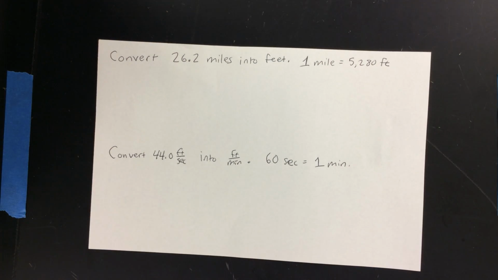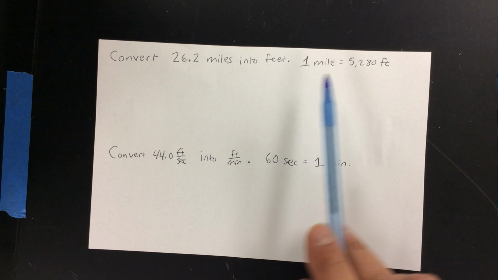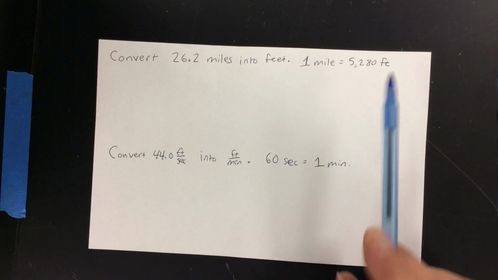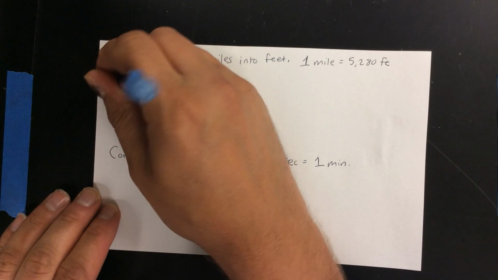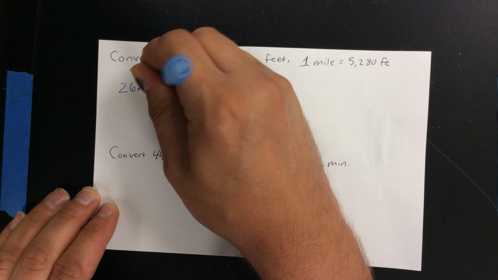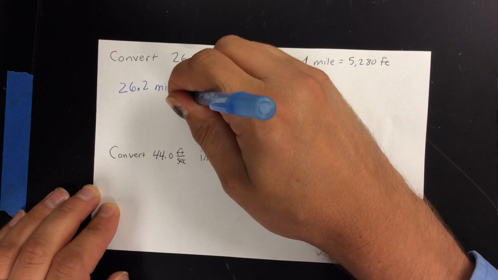Here are two examples of problems that could be solved using the factor label method. The first problem says convert 26.2 miles into feet, and it reminds you that 1 mile is equal to 5,280 feet. So the first step here, when we begin, is we know that we've got 26.2 miles. To use the factor label method, we have to multiply this by a fraction.